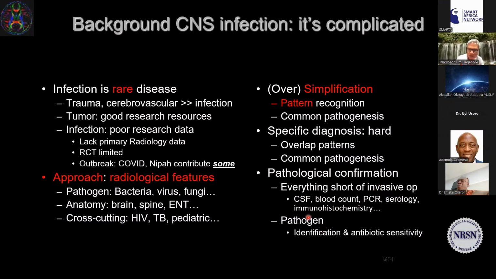And of course, identifying the pathogen, we can guess that something is TB, but we will not have confirmation. And for many bacteria, it's important to isolate the organism, identify it, and then look for antibiotic sensitivity, especially in multi-drug resistant pathogens.